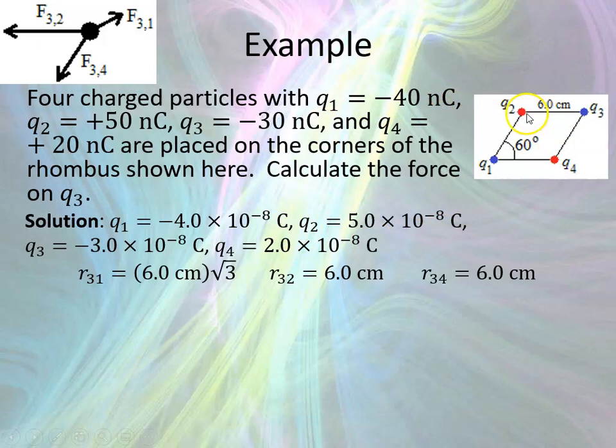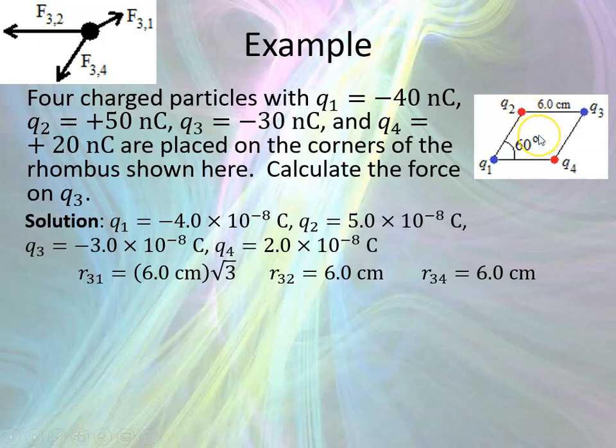But you have, if you were to make a dividing line between the 2 positive charges, that would show you that you have this rhombus being composed of 2 equilateral triangles, just kind of stitched together. And what that means is that the distance from charge 2 to 4 is 6 centimeters, which means that half the distance between charge 2 and 4 is 3 centimeters.